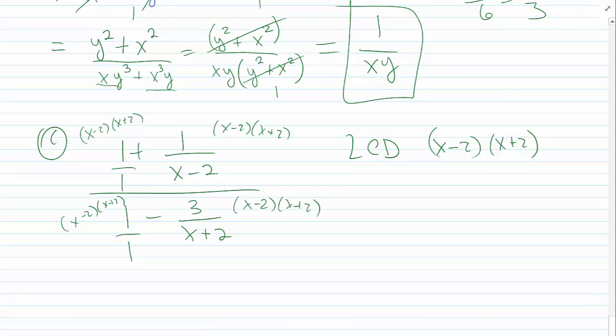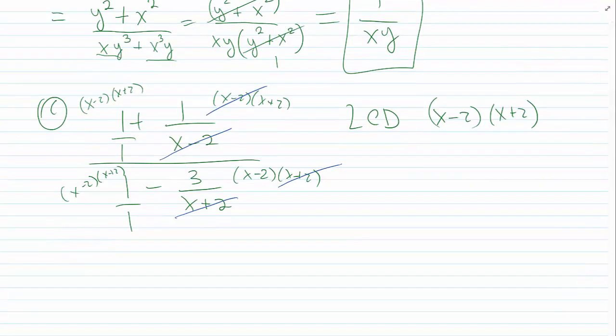Okay. Now let's start canceling, right? So x minus 2 goes away, x minus 2 goes away, x plus 2 goes away, x plus 2 goes away. And now you've got to do a lot of multiplying and simplifying. But x minus 2 times x plus 2 is what?